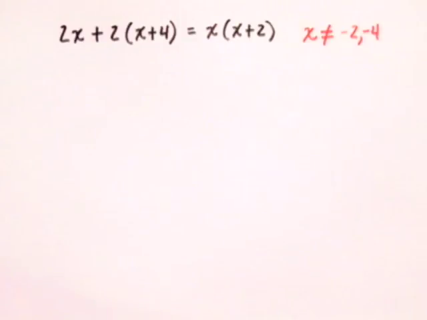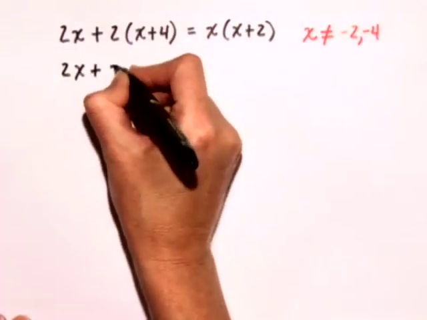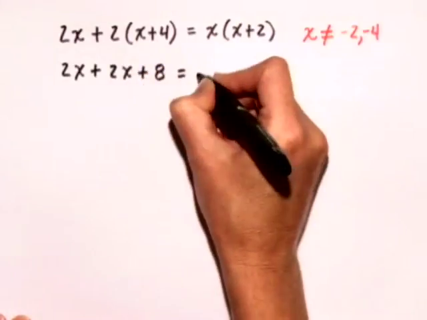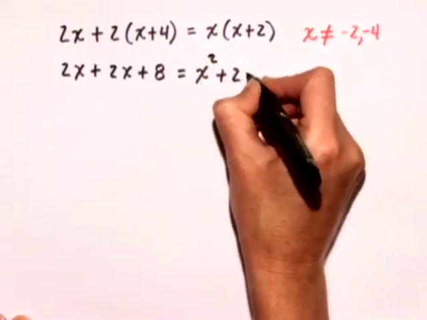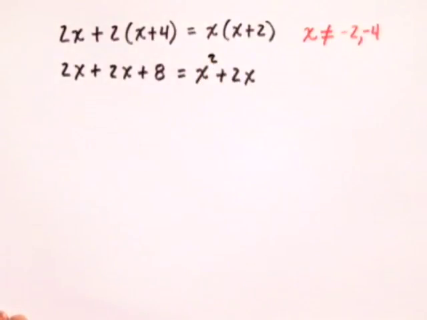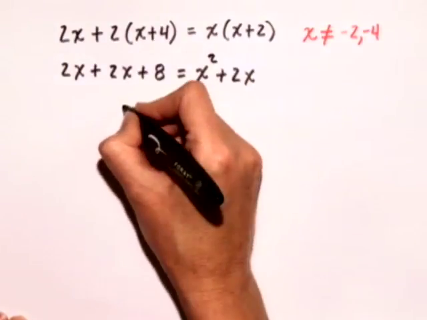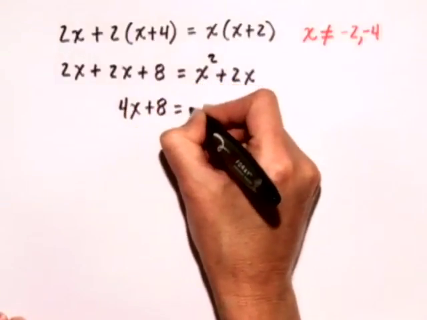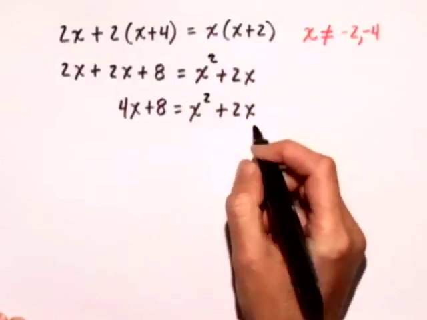So let's distribute, and we have 2x plus 2x plus 8 is equal to x squared plus 2x. This is a quadratic equation now. Let's simplify the left-hand side by combining the like terms, and we have 4x plus 8 is equal to x squared plus 2x.